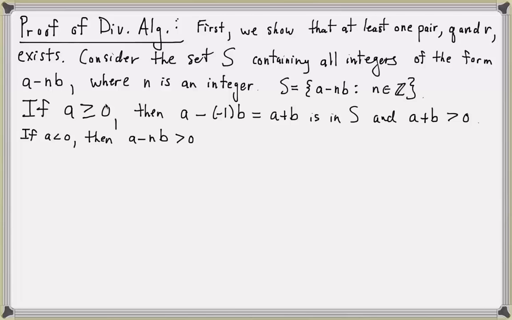In fact, if I choose any integer n less than A over B, then A minus nB will be positive. Since n goes through all integers, this will occur, and this element will be in S. So we've shown that S contains non-negative elements.